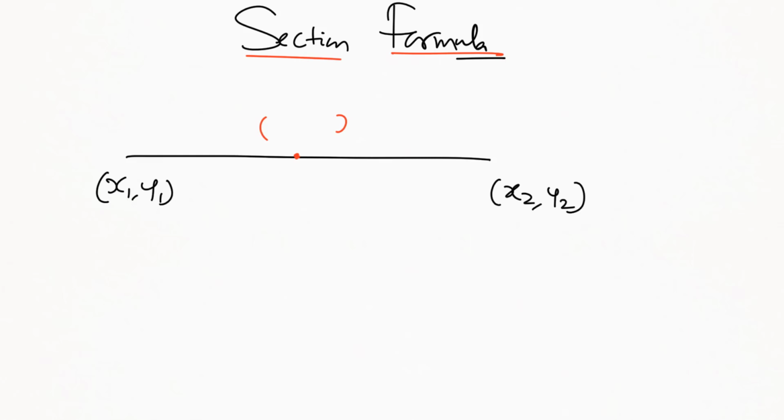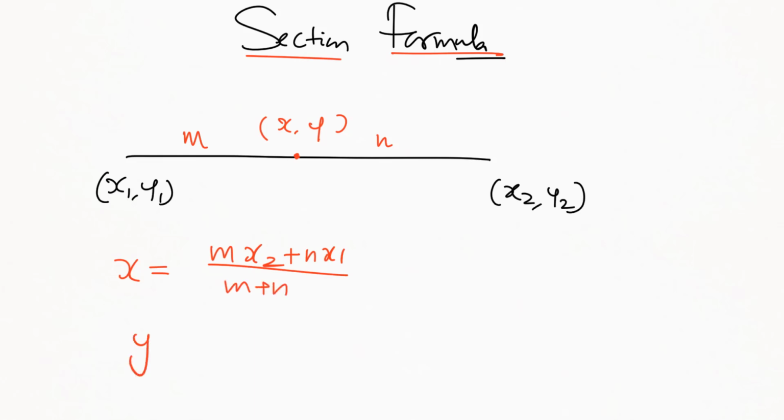So this point x and y will obviously divide this line segment into two portions, and if you know the ratio m:n, this is the formula, over m plus n.